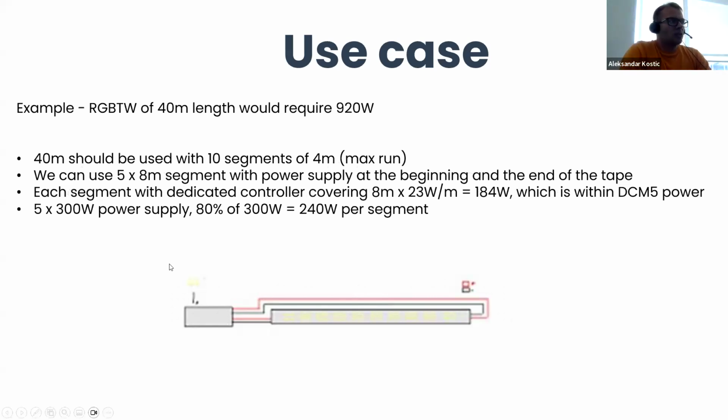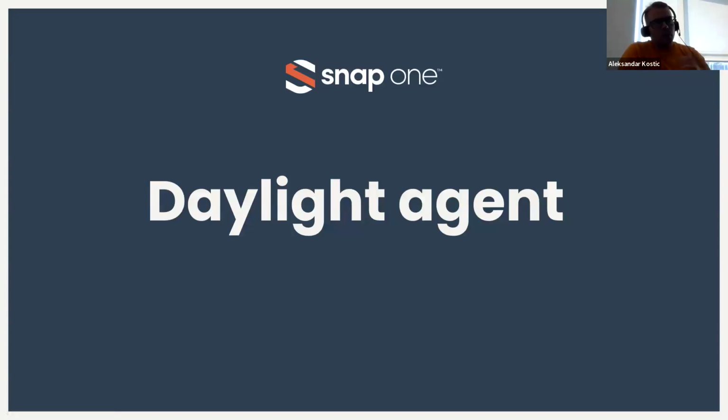Okay, so also, what I would like to mention related to maybe in general to Vibrant is daylight agent. This is the most typically used agent in residential projects because it is controlling the tunable white and it is synchronizing the temperature and the type of the white color with part of the day.